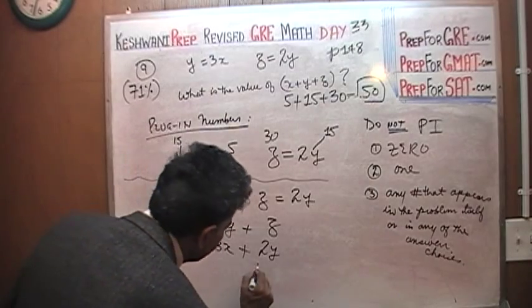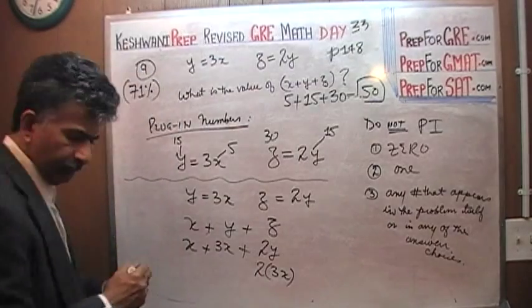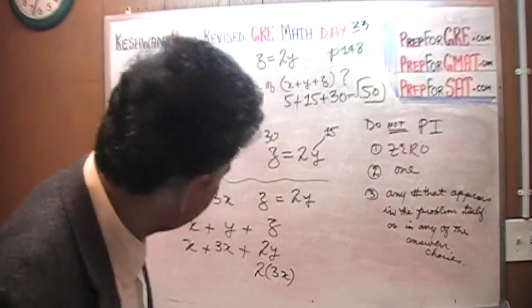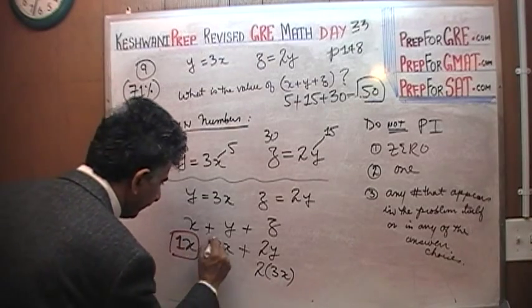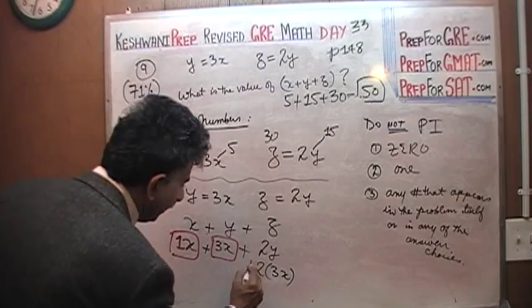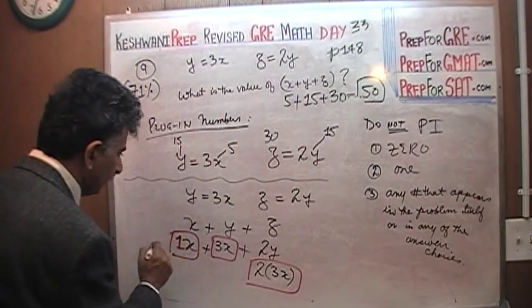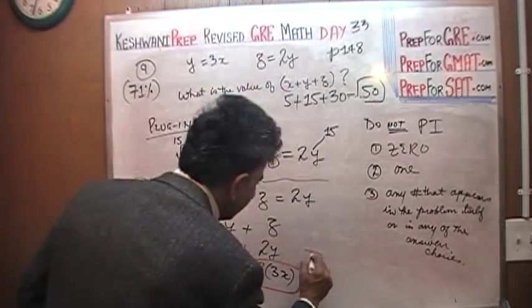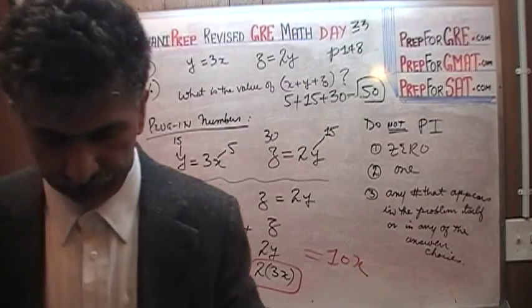Y is 3x. So this is 2 times 3x. There you go. That's your z. So how many x's do we have? We have 1x here, 3 x's here, that's 1 plus 3 is 4, and we have 6 x's here, 2 times 3 is 6. 6 plus 3 plus 1 equals 10x. That's your answer. Answer is A.